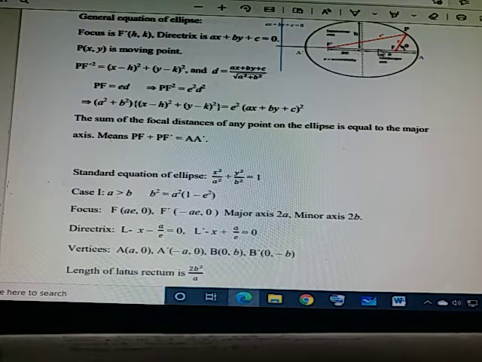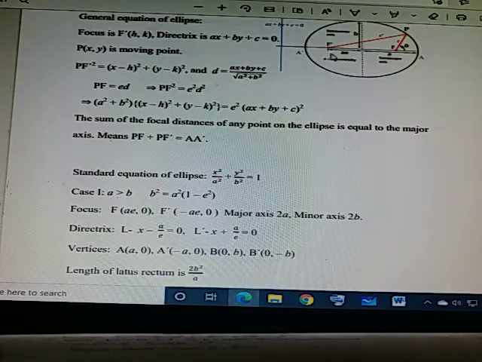So diameter of minimum length, it is minor axis, and diameter of maximum length it is major axis, and focus always lies on the major axis, and so this length of major axis, this is AA dash, and length of minor axis, it is BB dash.